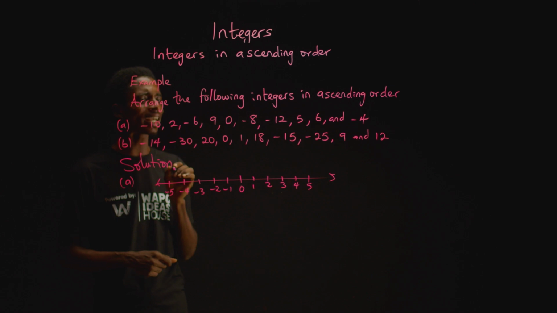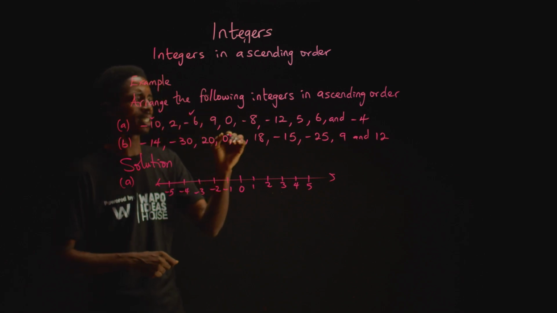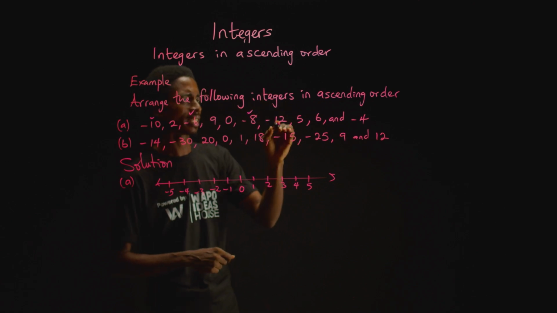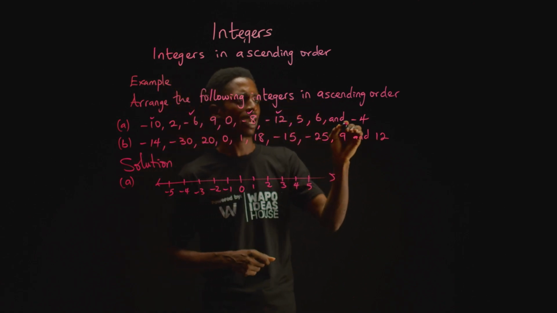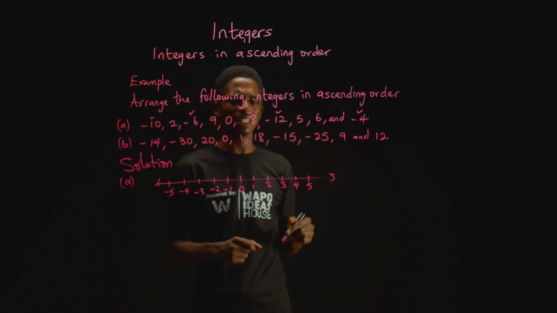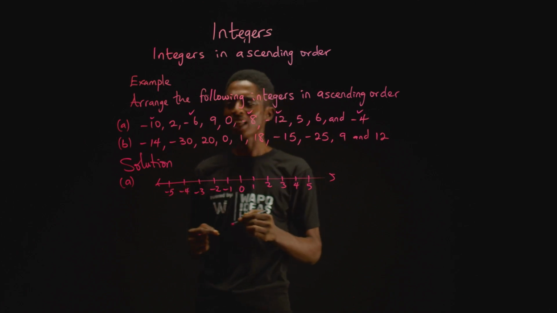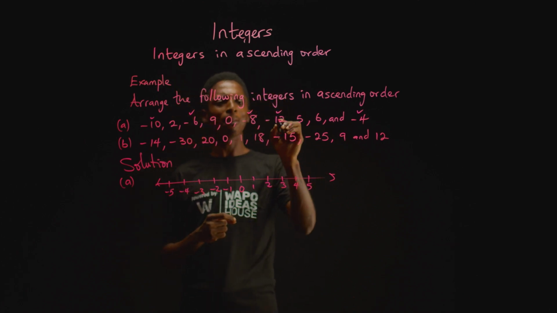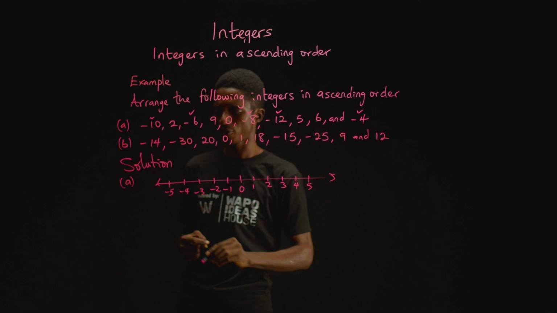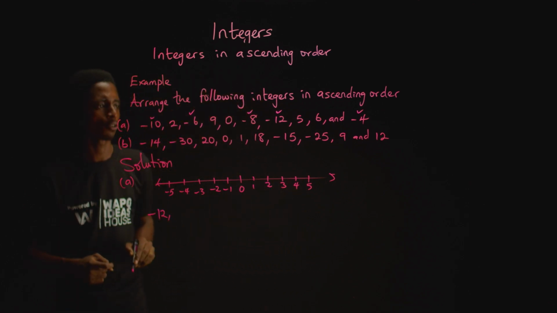So for A, our negative integers are -10, -6, -8, -12, and -4. Of these numbers, which of them has the smallest value? That will be the number -12. So we go by writing that first, -12.